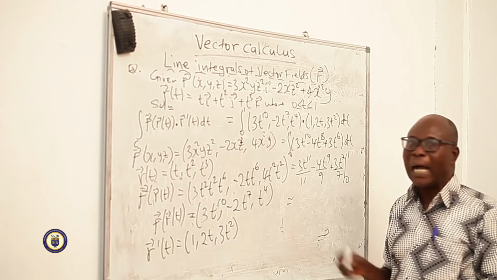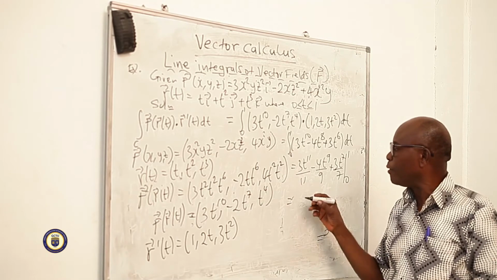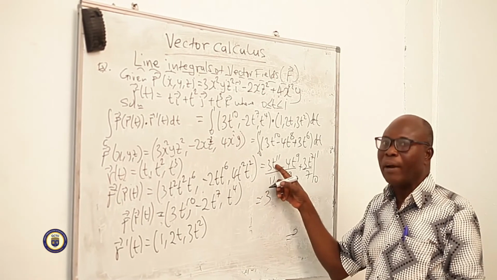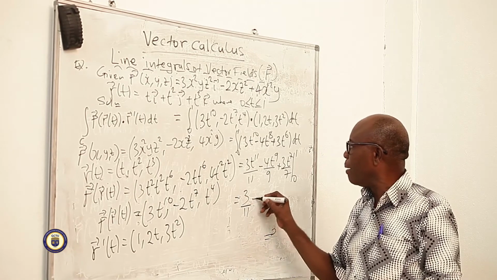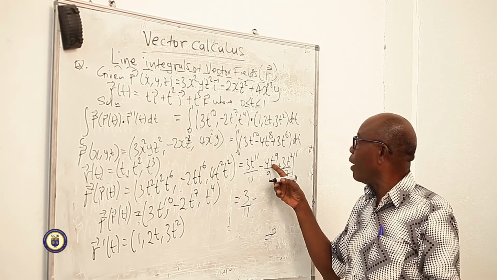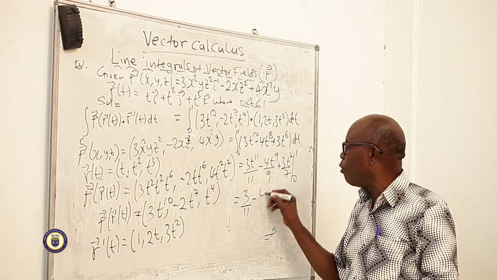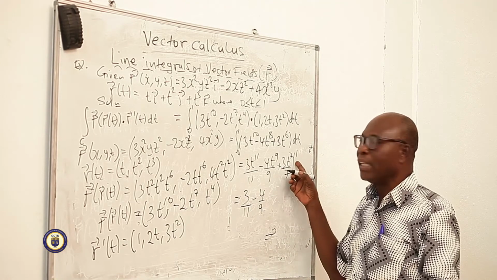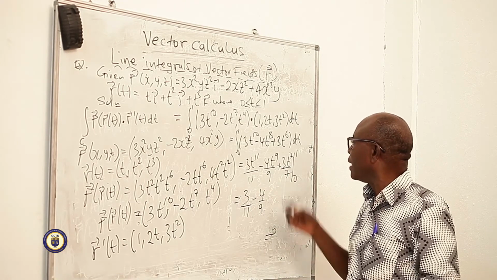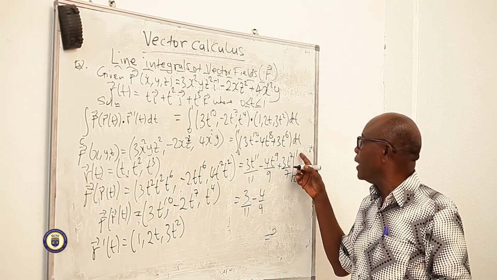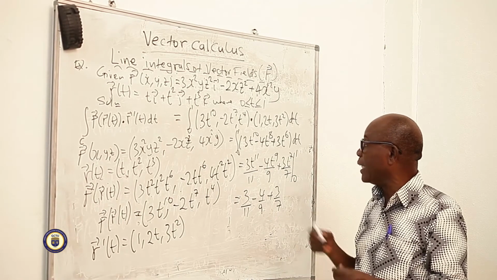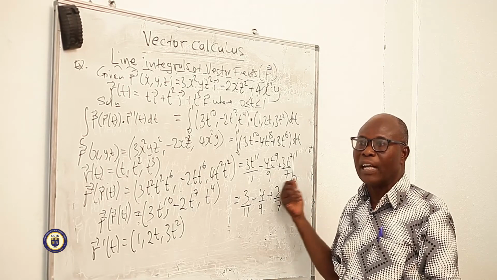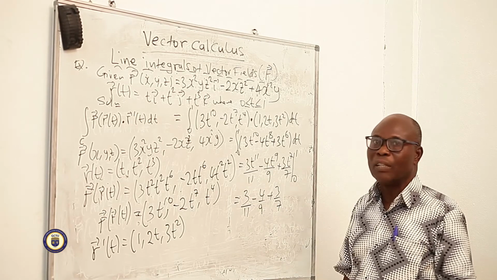And so if you put the upper limit, you're going to have 1 raised to the power 11 is 1, so 3 over 11, minus 1 raised to the power 9 is 1, so 4 over 9, and then 1 raised to the power 7 is 1, plus 3 over 7. And realize that if you put the lower limit, all the values become equal to 0.